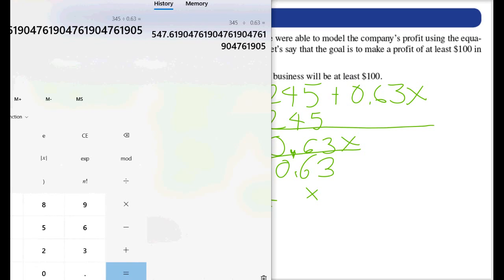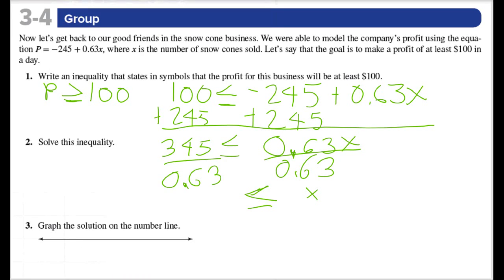If I want more than 100, I have to have more than 547. So even if this were 547.2, I would still go up. I would still go to 548. So I need 548 snow cones.